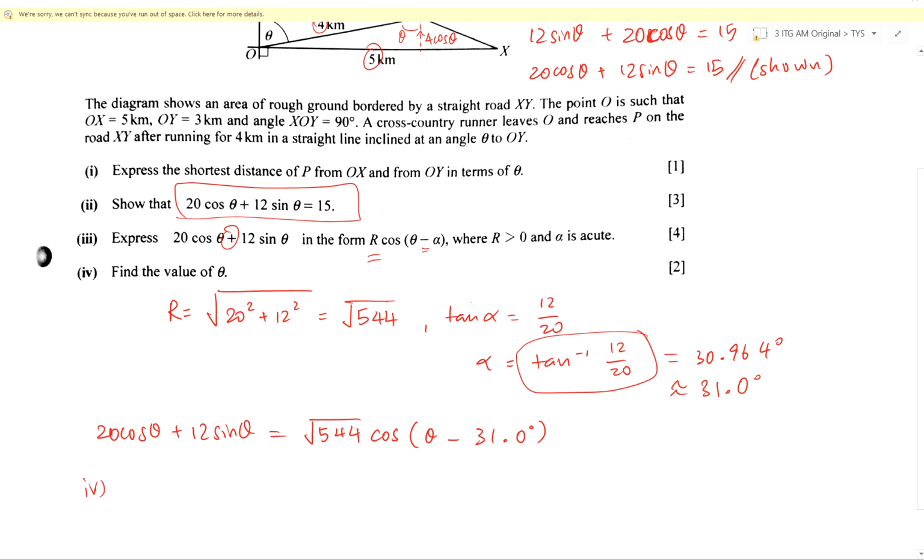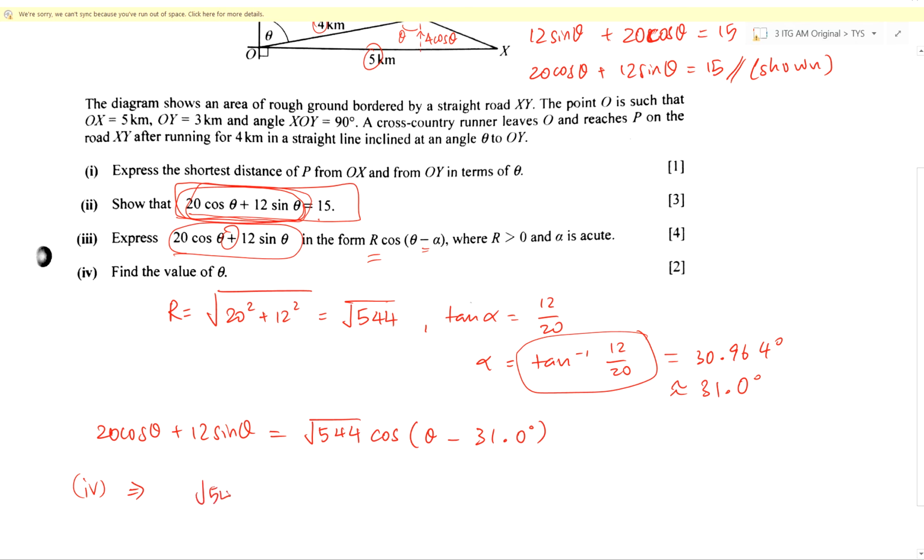And in part 4, find the value of theta. Now since the left hand side of 20 cosine theta plus 12 sine theta is 15, after we have rewritten it, this is still going to be equal to 15.